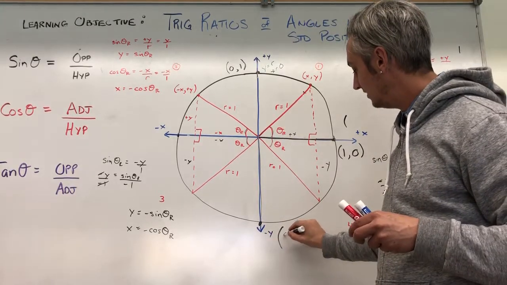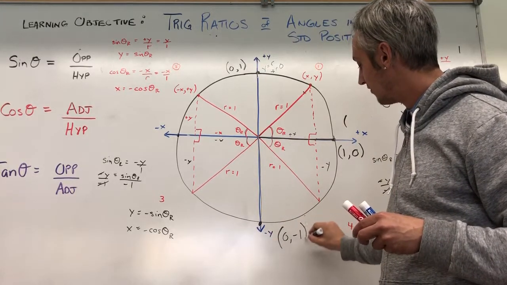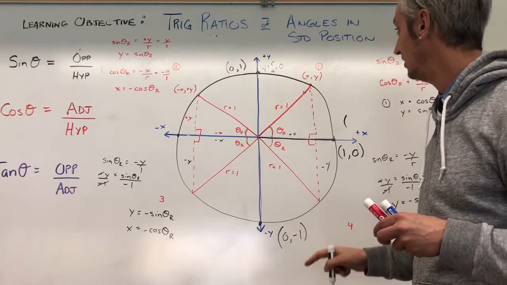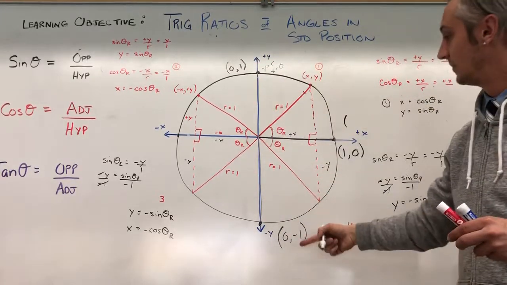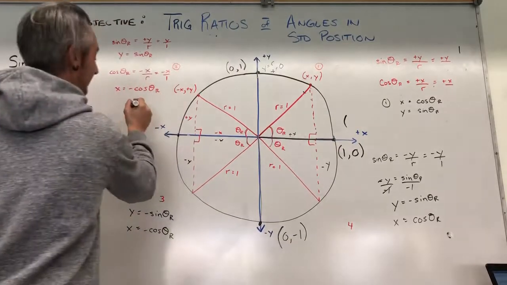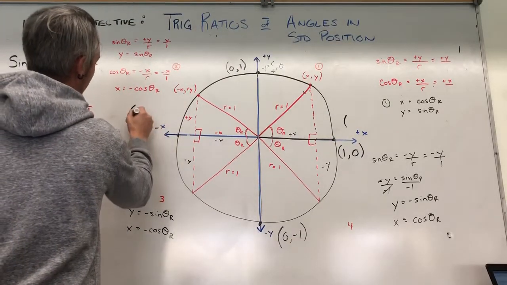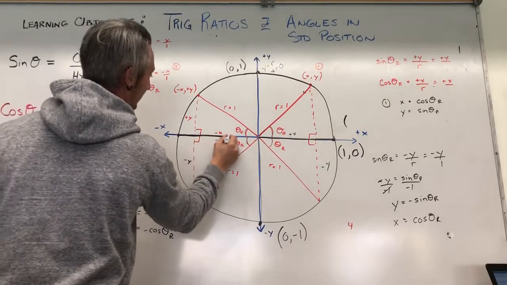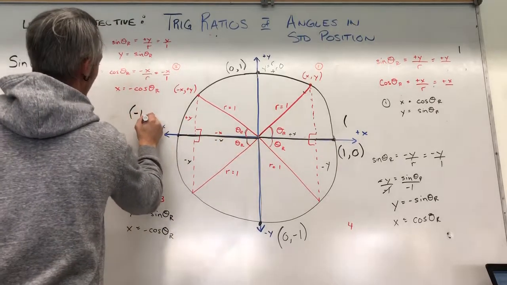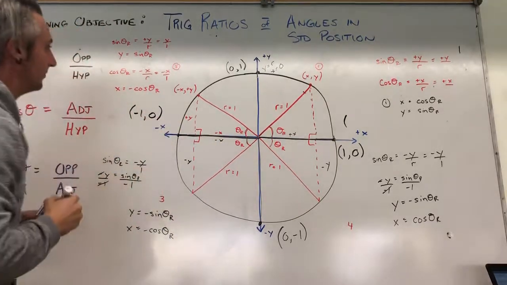So I have 0 for x and negative 1 for y, because we're in the negative y territory. See how it's opposite? And over here, as you can guess, I'm in negative x territory of 1. My radius is equal to my x, so I'd have a coordinate of negative 1 and 0 there.